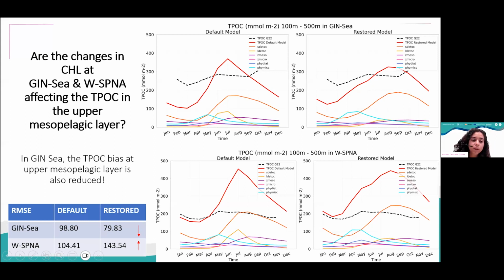So what we can get from here is that to have a better understanding of the total POC in the upper mesopelagic layer, it's of key importance to study the behaviors and the change in the distribution also of the small detritus, because thanks to that, even if we didn't correct the whole bias in the upper mesopelagic layer, we can know that thanks to the small detritus, we have a change in the total POC.